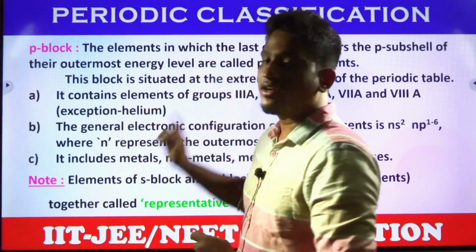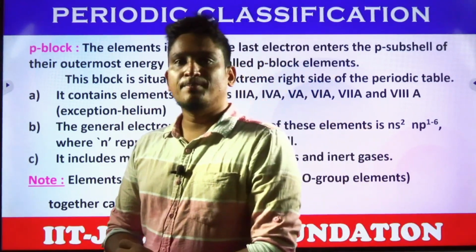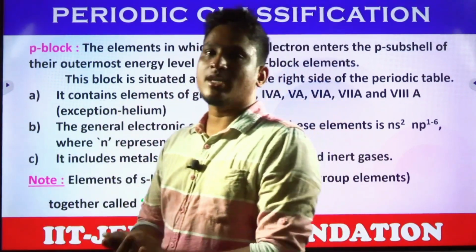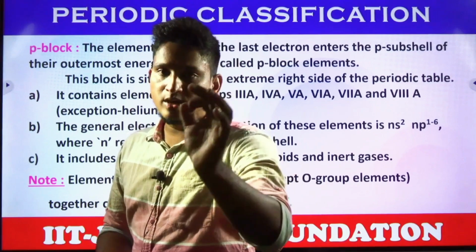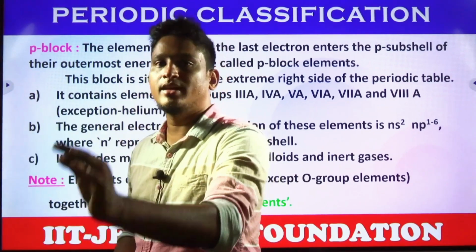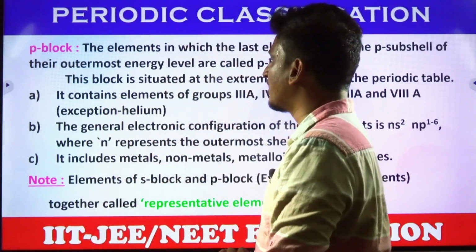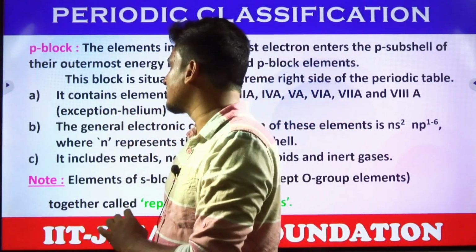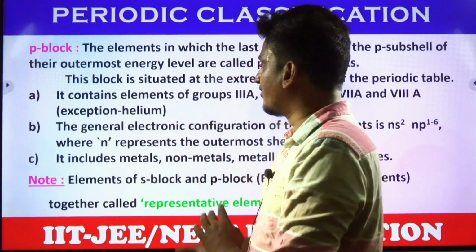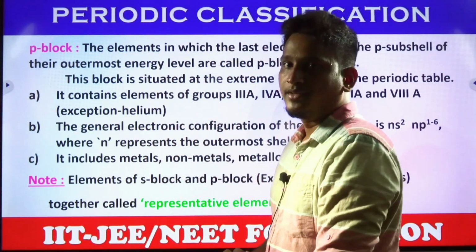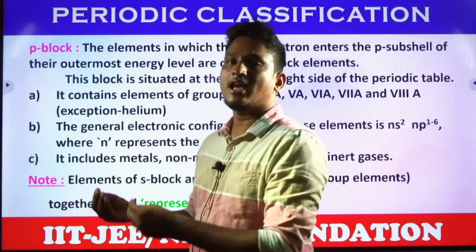If the last electron enters the p subshell, it is called p block. Look at the main points under the p block. What are the groups which come under p block? From group 13 to group 18: the boron family, carbon family, pnictogens, chalcogens, halogens and noble gases come under p block elements, except helium. We already discussed the helium exception, students, because of its chemical resemblance with noble gases; it doesn't have a p subshell.